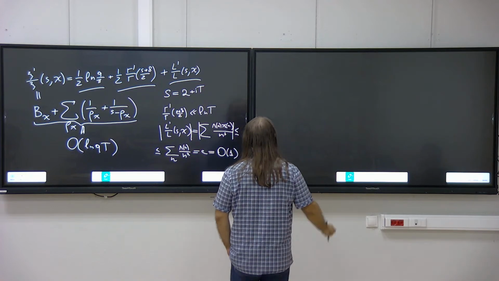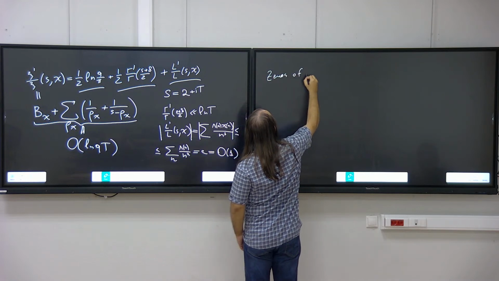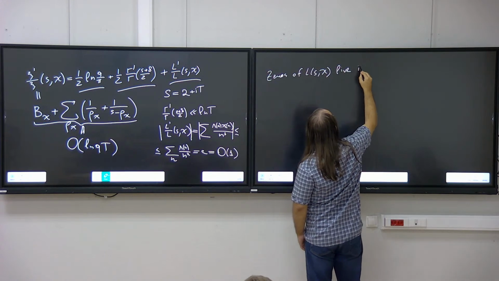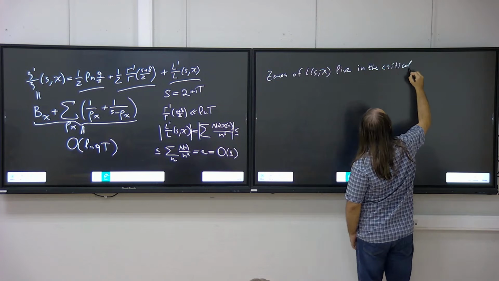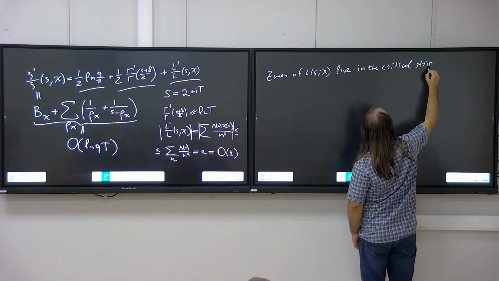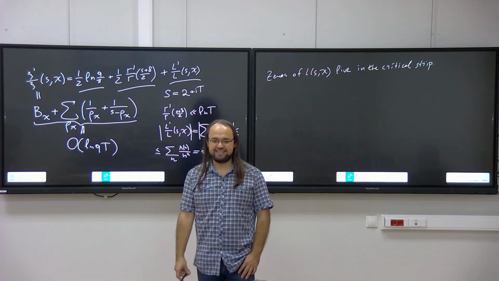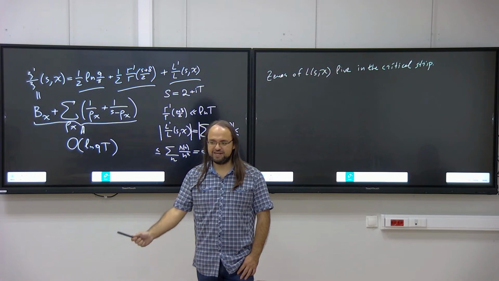Well, of course, zeros of L(s, chi) live in the critical strip, right? This can be proved exactly the same way as for the Riemann zeta function. If you are to the right of the critical strip, you use the Euler product.